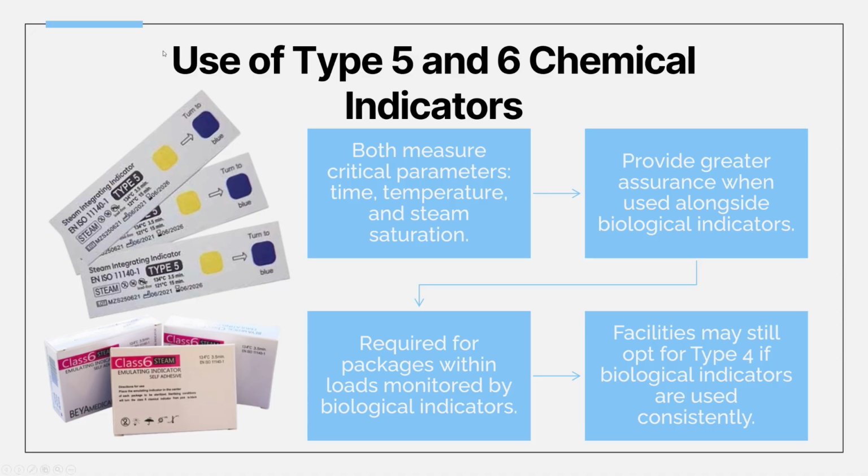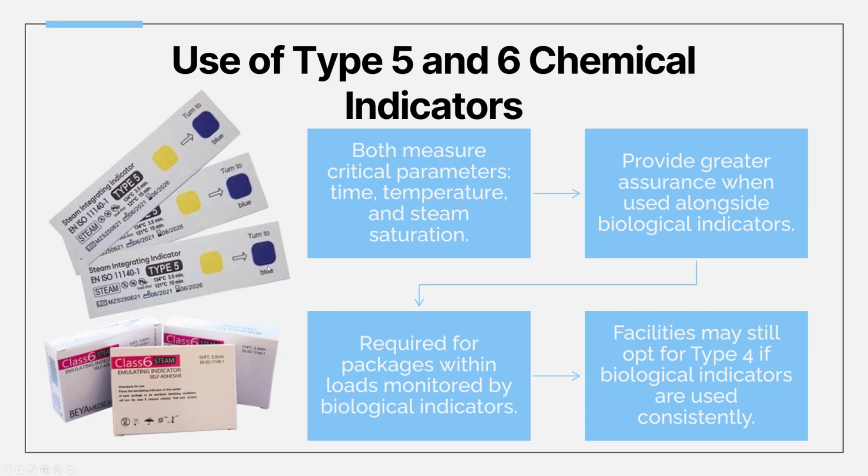So use of type 5 and type 6 chemical indicators. Typically the indicators will let you know what type they are. So this one is a type 5, this one is a type 6. Type 5 integrators respond to all sterilization parameters and are a strong assurance tool, while the emulating integrators like type 6 respond to a specific cycle and provide the most sensitive feedback.